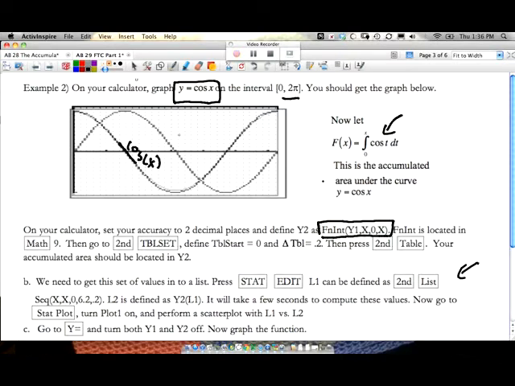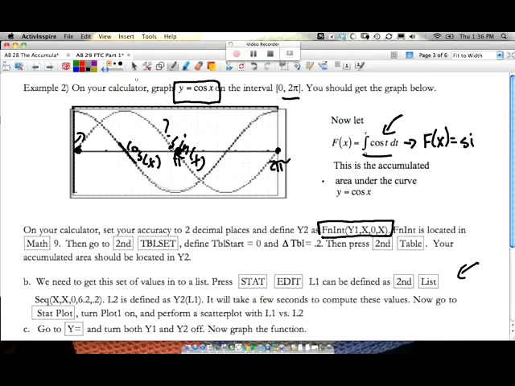But then what's this one? It's a mystery. Actually, hopefully by this point, with all my teasing, you guys are starting to see that it's sine of x. It starts here at 0, it goes up, it crosses here at pi, it goes down, and then it comes back at 2 pi. That's sine of x. So what does this mean? This means that capital F of x, if this were the accumulation function with cosine t, is really sine of x.